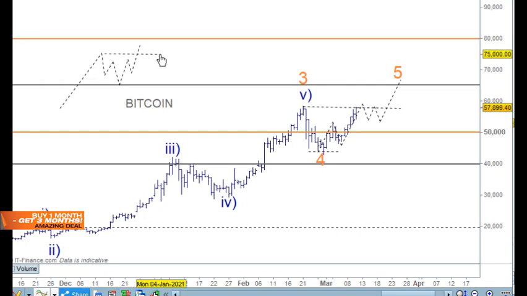This is probably not the case, but it's okay. And then the 5-wave structure down here to take out the low of wave A, and then moving up from that point. So we still need to monitor this 3-wave move up through here and understand when that's completed, and understand when we've actually moved past that as well.